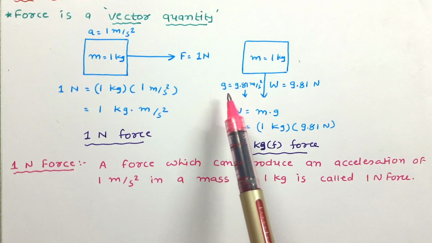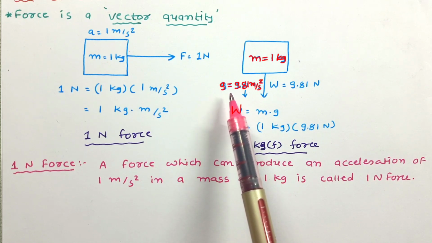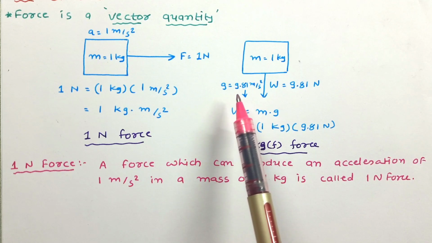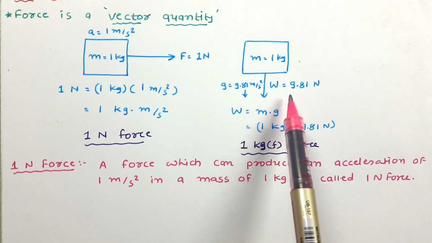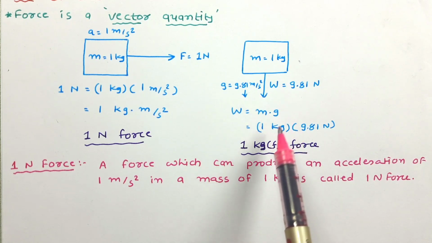Now in this figure we can see a body having 1 kg mass which is subjected to an acceleration of g meter per second square, that is nothing else than gravitational acceleration. So this force is called 1 kgf force.